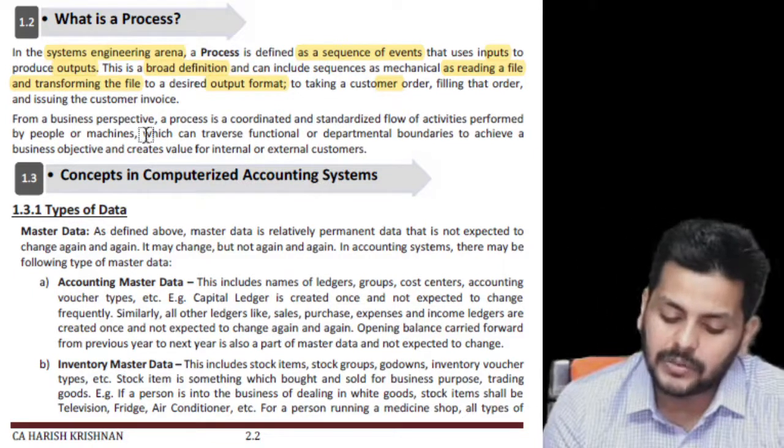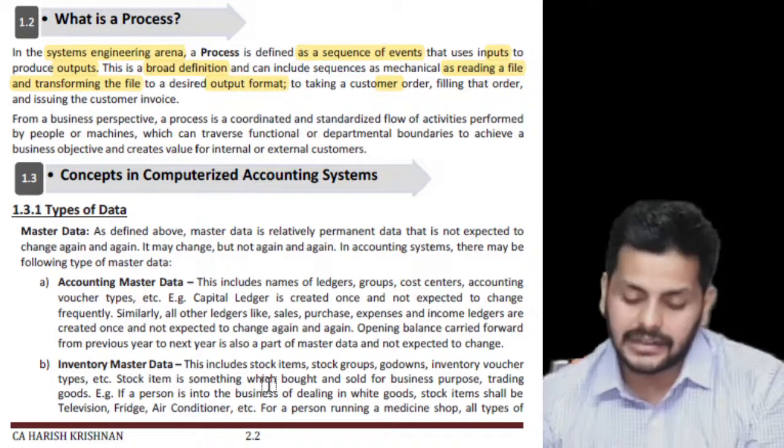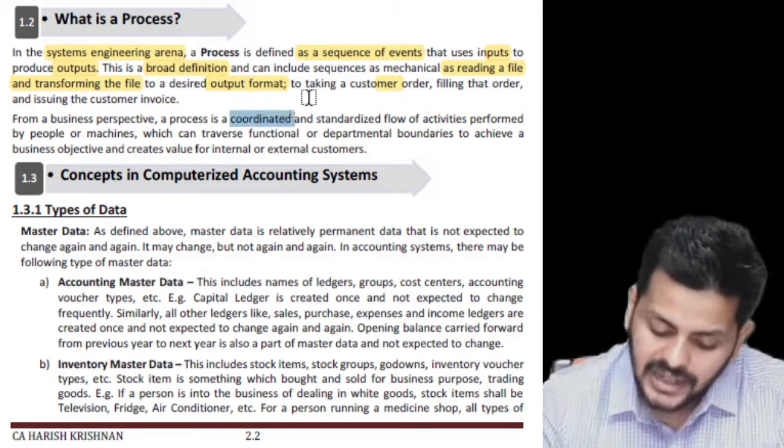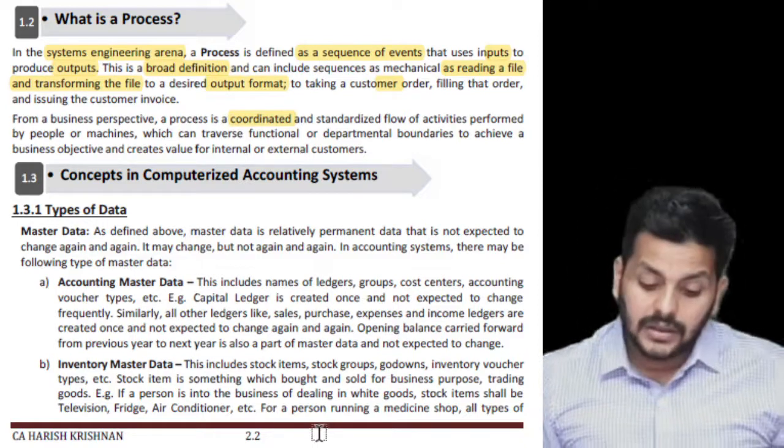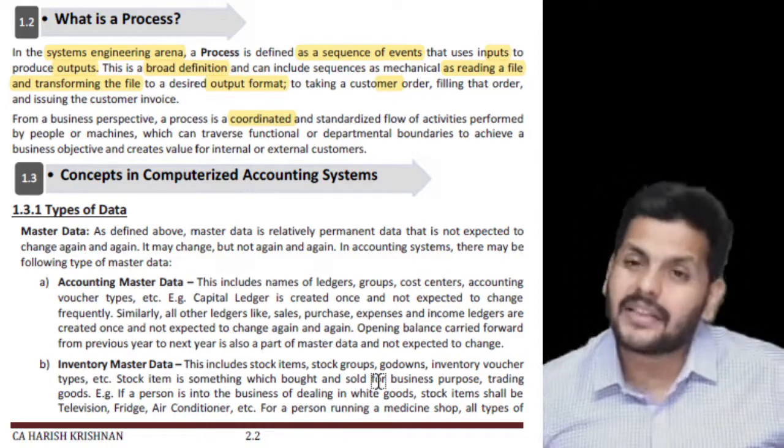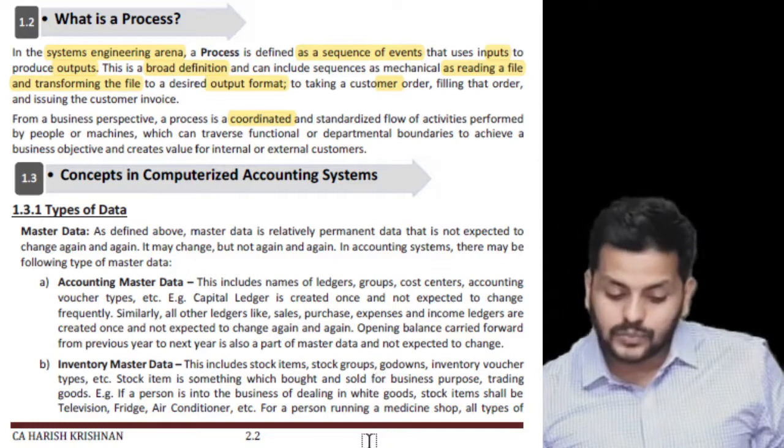From a business perspective, a process is nothing but, underline these two words, coordinated and standardized. What do you mean by coordinated? One piece connected to the other is called coordinated.